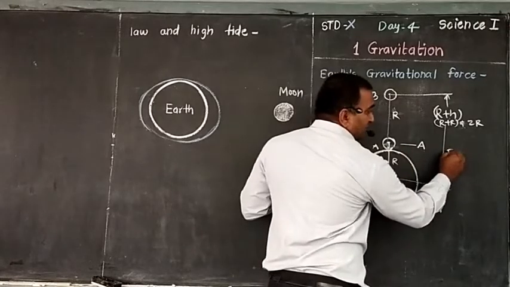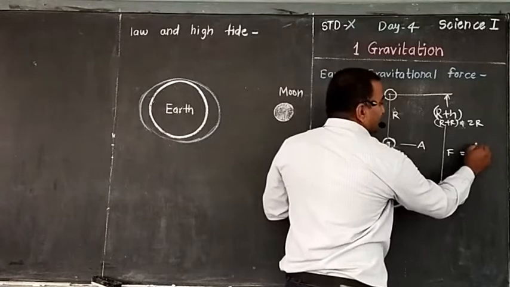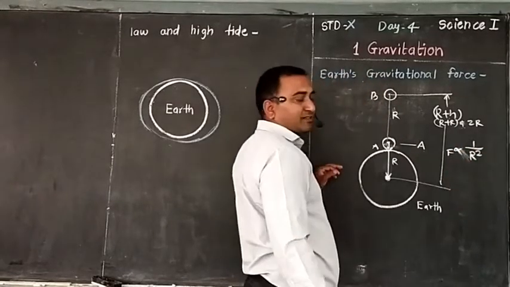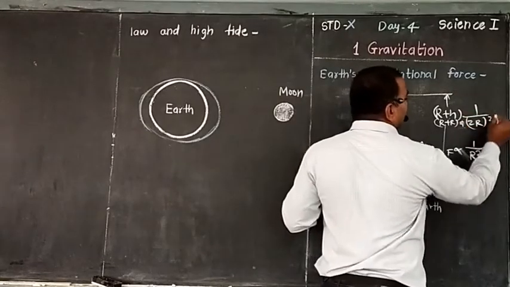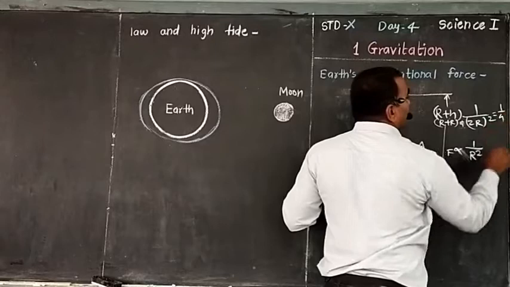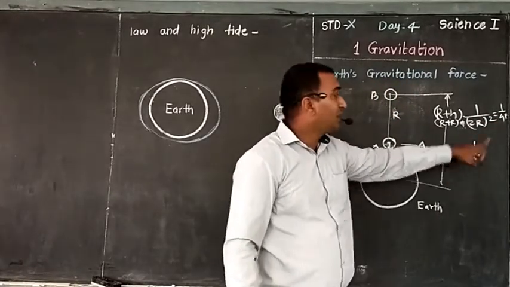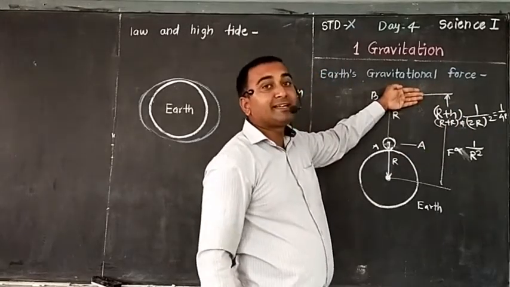At point A, force is inversely proportional to the square of the distance, which is only R squared, that is 1 upon R squared. But here it is inversely proportional to (2R) squared, so finally we get 1 upon 4R squared. See, here only 1 upon R squared, here 1 upon 4R squared. So the force decreases 4 times.